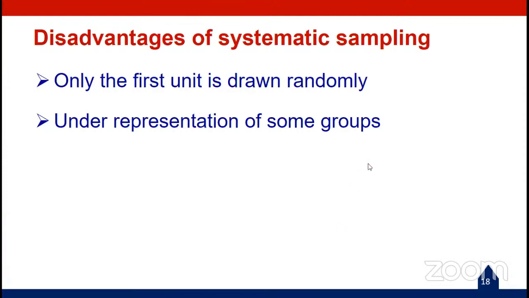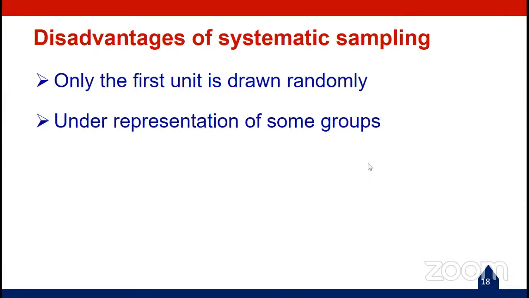We can't be sure that we get equal representation from all the subpopulations. It need not happen, as everything is done systematically, depending on the random start. So there might be an underrepresentation from some of the subpopulations. These are the main limitations of systematic sampling.